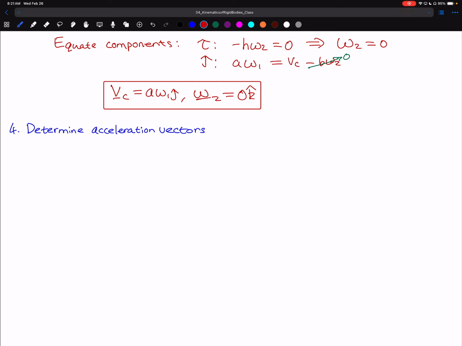All right, we're now ready to go and determine the acceleration vectors. Again, we're trying to find the angular acceleration of the link BC and the acceleration at point C. We're going to start with point A, which because it's pinned, is going to have 0 acceleration in both directions.